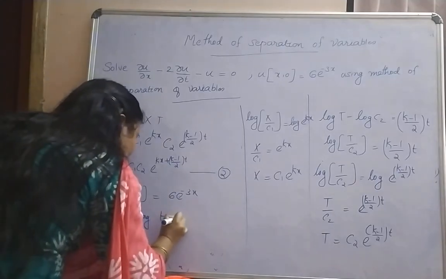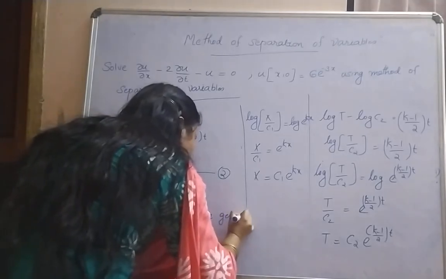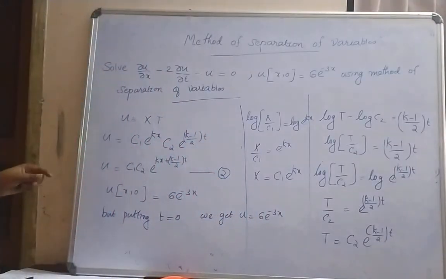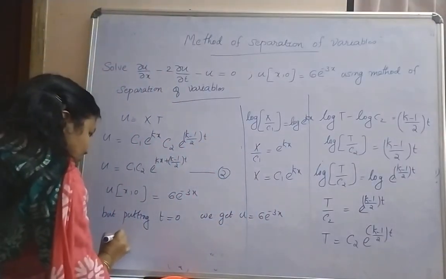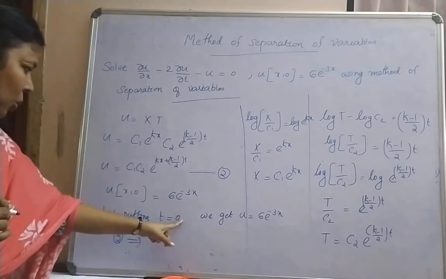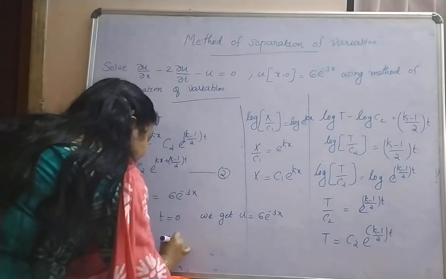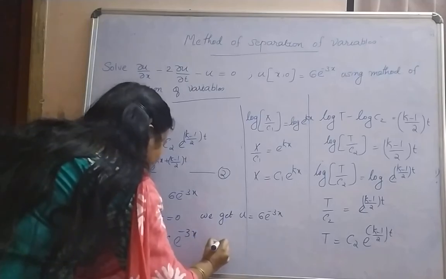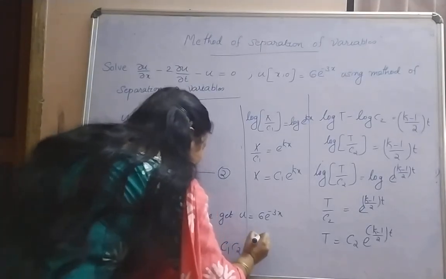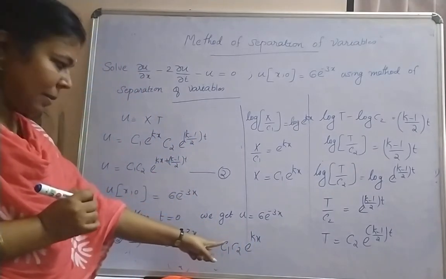Now, equation 2 becomes, putting t as 0, 6 e raised to minus 3x equal to c1 c2 e raised to kx.